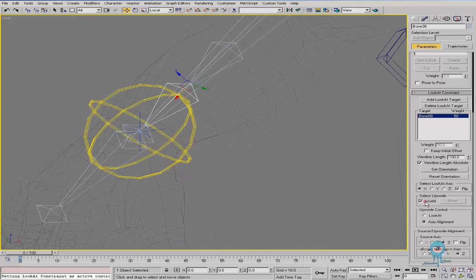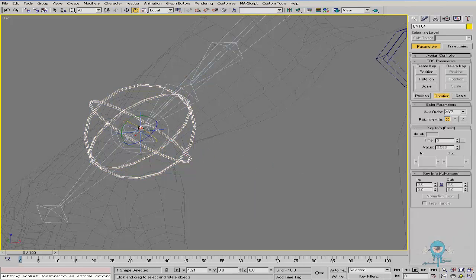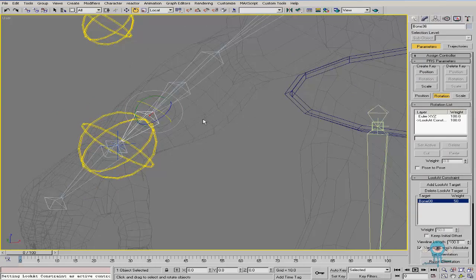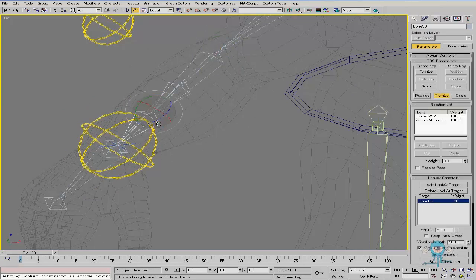And then what I'm going to do is set the up node, just like we did in the spinal column, but I'm going to set the up node to be the hand bone. So you can see what's happening now is that this bone is linked to the forearm bone.